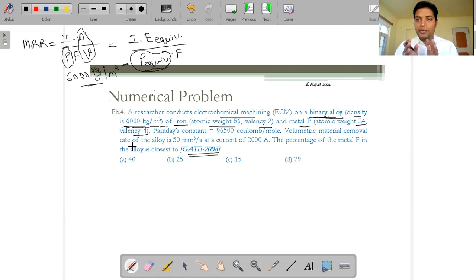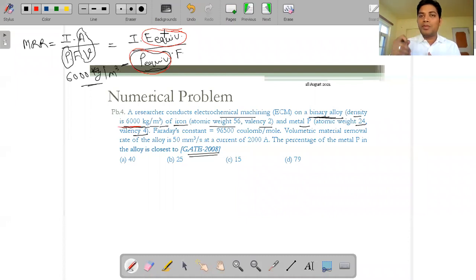Guys, I just want to brief you on the meaning of this. Here we discussed this rho equivalent. So rho equivalent is directly given to you, that is the density of the binary alloy, 6,000 kg per meter cube. But the value of E equivalent is not directly given to you, meaning it's not given as the atomic weight or valency of the binary alloy.